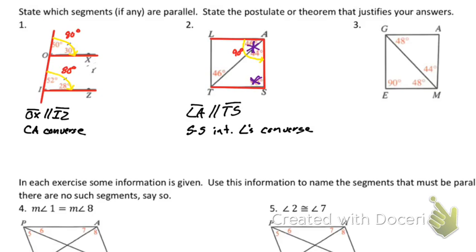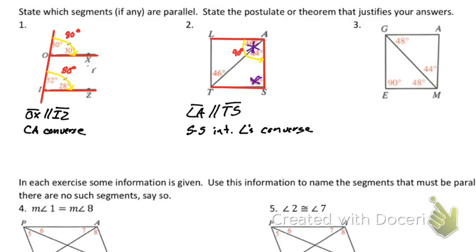And if same side interior angles add to 180 or are supplementary, then they are parallel. We have that same side interior angles converse that says that. If your same side interior angles are supplementary, then your lines have to be parallel.